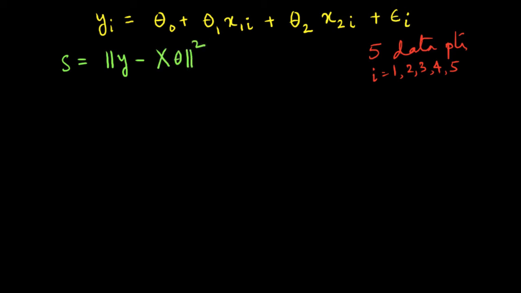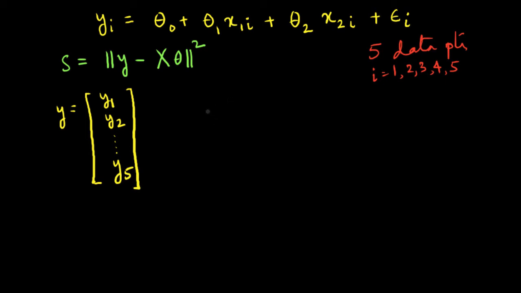So now these matrices have to be written explicitly for the sake of better understanding. So our y is basically a column vector, which is y1, y2 and so on up to y5, representing the 5 data points that we have. Our theta is also a column vector of theta 0, theta 1 and theta 2, because we have 3 parameters.